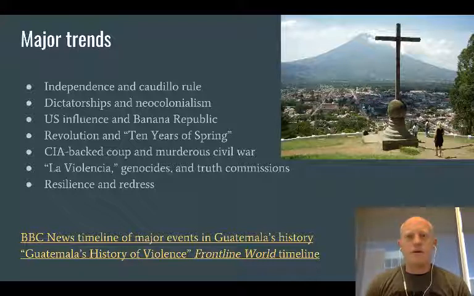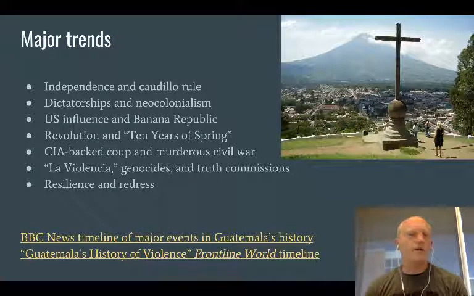Besides the fact that we're going to Antigua on our study abroad trip in May, I chose Guatemala for another reason as well: it provides a really good case study of the various trends that we've already talked about in Latin American history, and it even provides the extremes of those things.